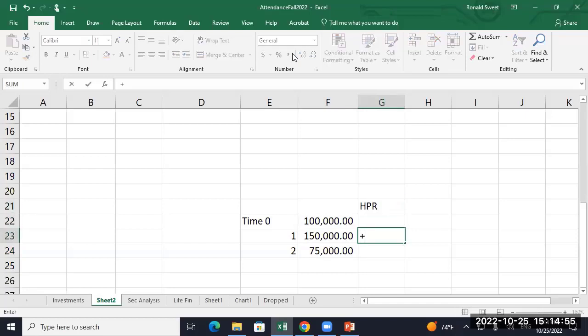So we take ending market value minus beginning market value plus income divided by beginning market value. We made a 50% return. Second period, we take ending market value minus beginning market value plus a 0 divided by beginning. We lost 50%.